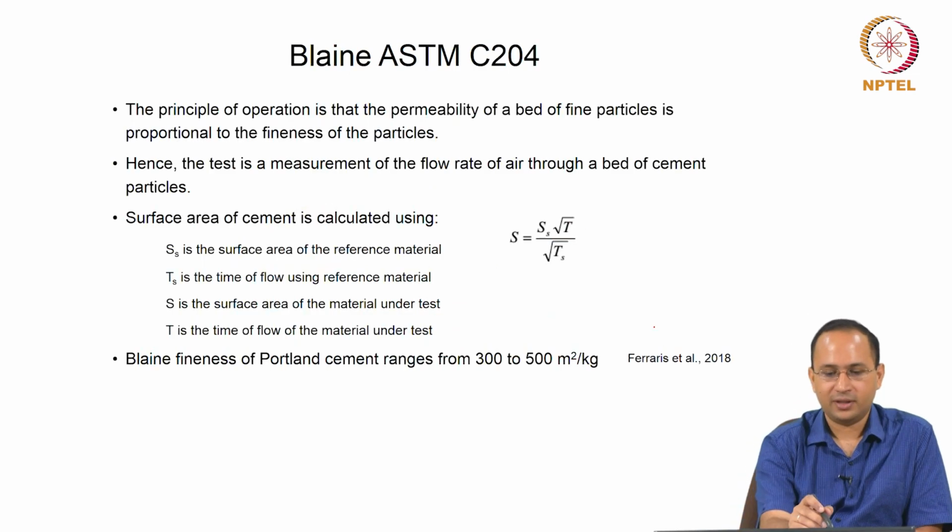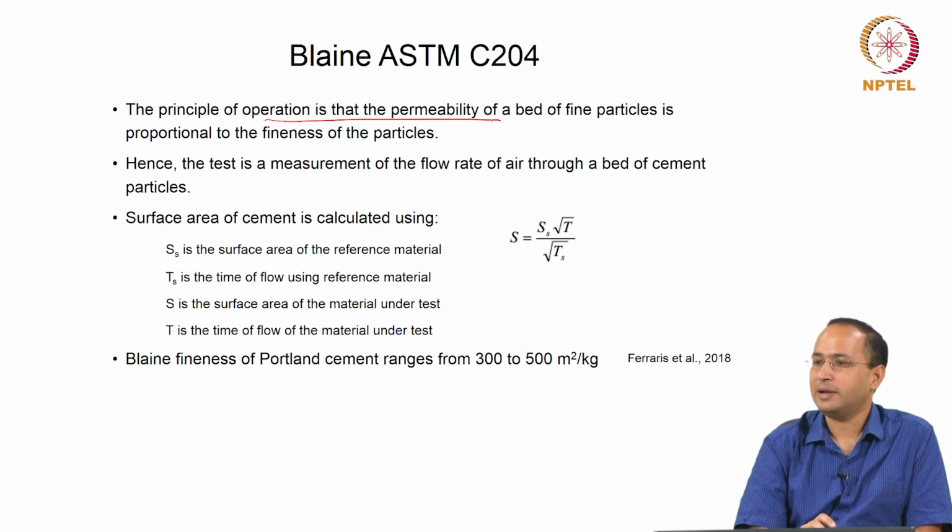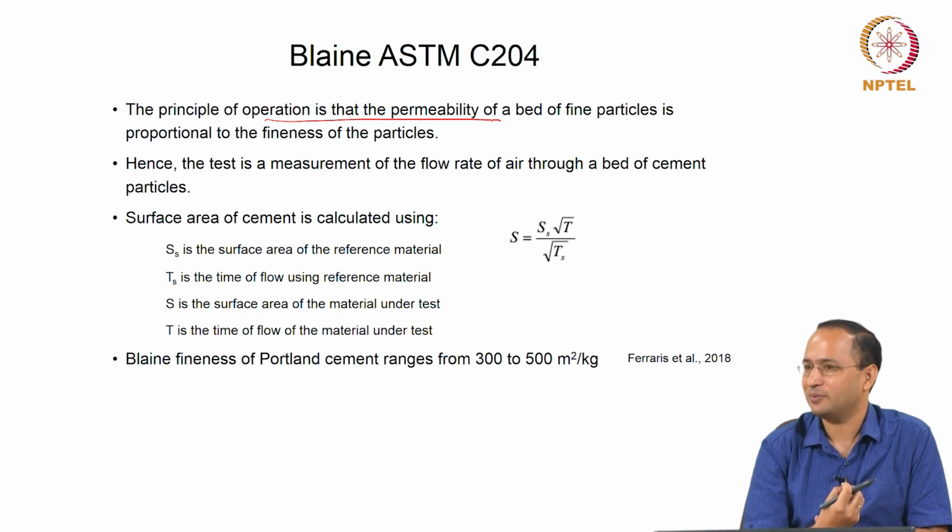Again, the principle of operation is that the permeability of a bed of fine particles is proportional to the fineness of the particles. So, the test is a measurement of the flow rate of air through a bed of cement powder.